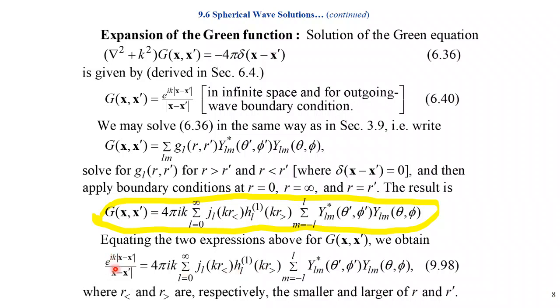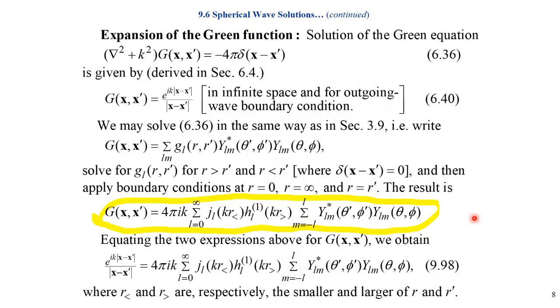If k equals 0, what will happen? The equation is quite similar, but of course not 0, and the solution will be simple, where r smaller and r greater are respectively the smaller and the larger of r and r prime.